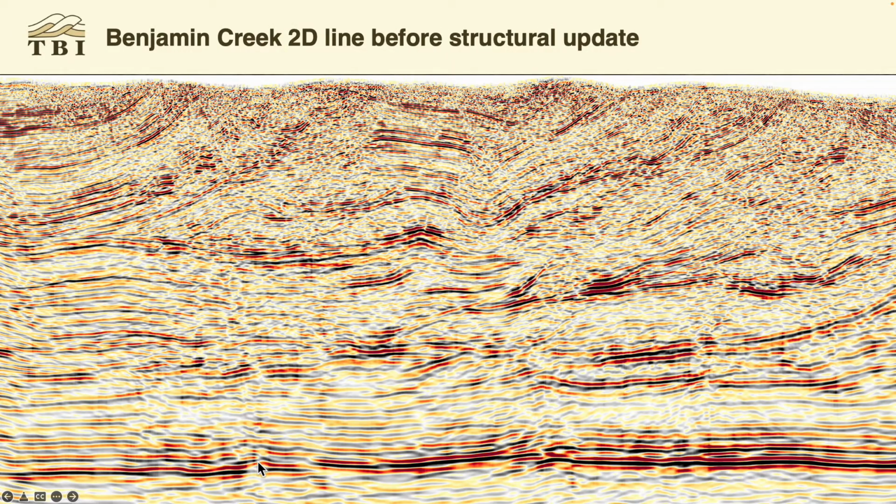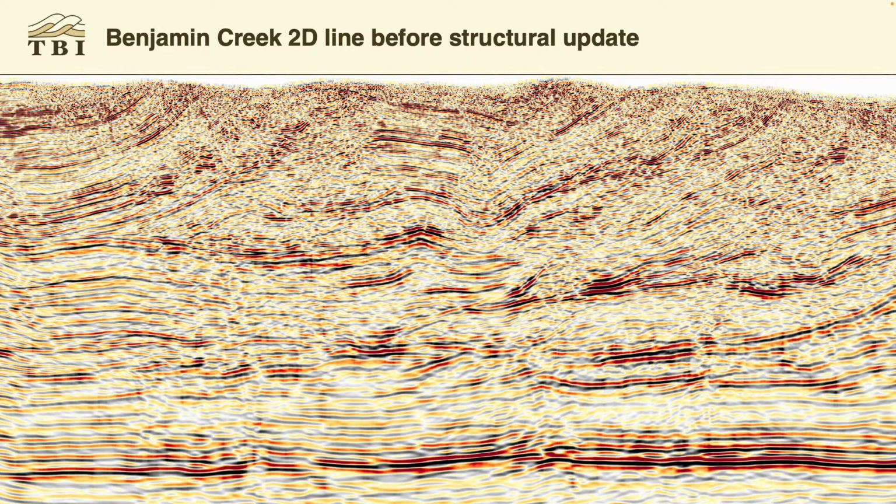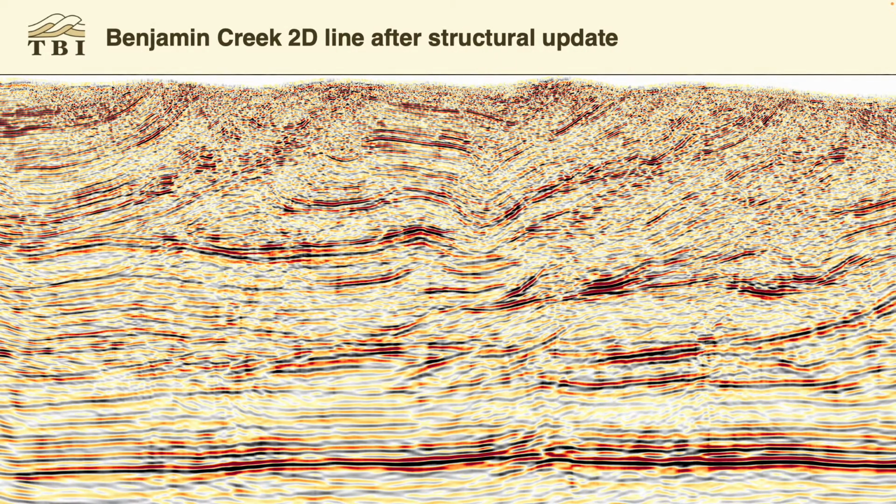But let's have a look at the seismic image without the velocity model update. So you can see we've got difficulties imaging in here. Some coherency is not consistent across here. After the model update, before and after, you can see we've got a much better coherency thanks to the update near the surface.